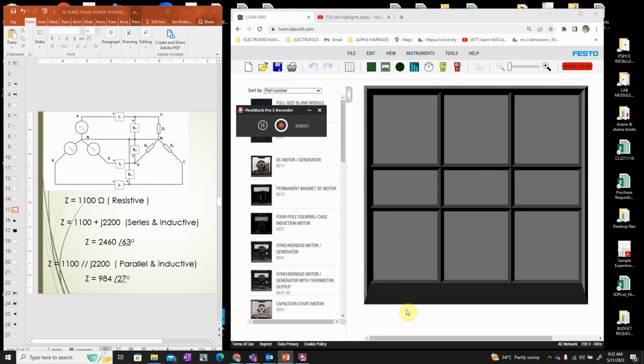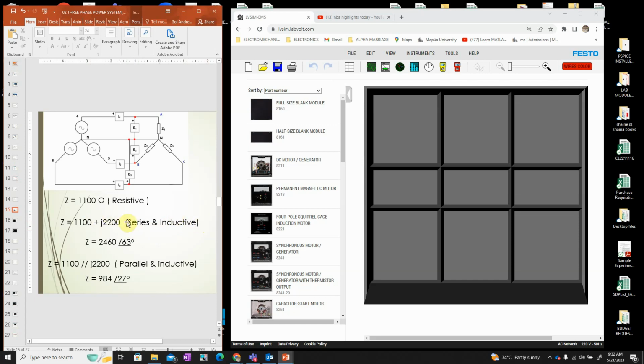Okay, let's continue. Let us have a simulation of a three-phase power system with different types of load. A load impedance here can be represented by a purely resistive load, or it can be represented by a series combination of a resistor and an inductor, which we can call an inductive load.